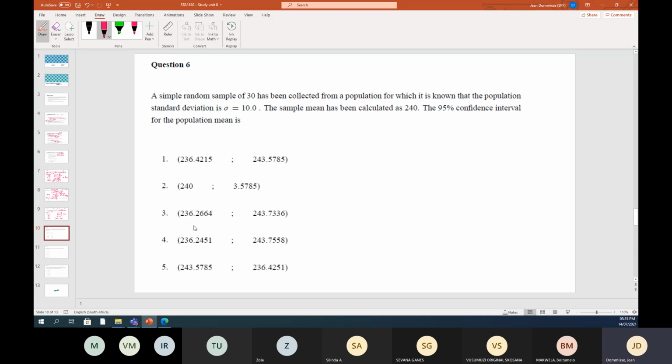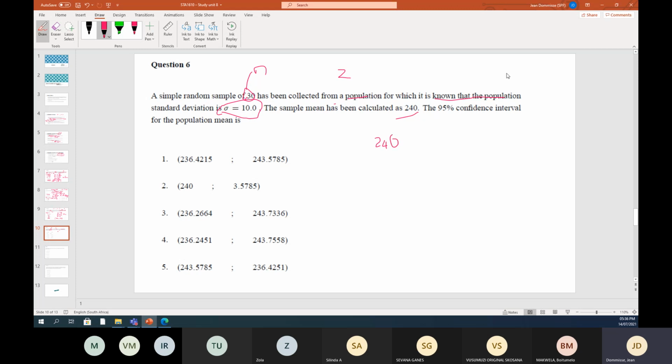Let's just look at what they are telling us. A simple random sample of 50, so we know what our n is, has been collected from a population for which the population standard deviation is known, so we're working with a Z. The sample mean has been calculated as 240.